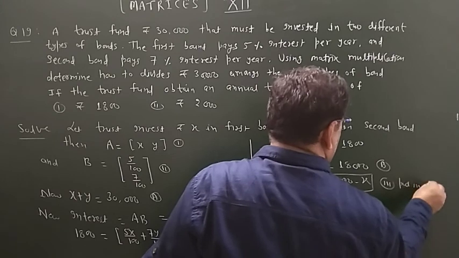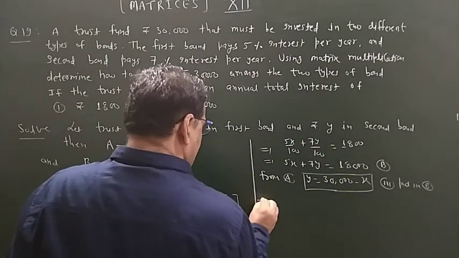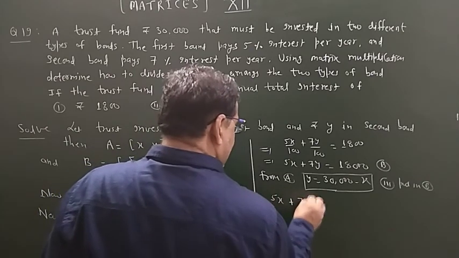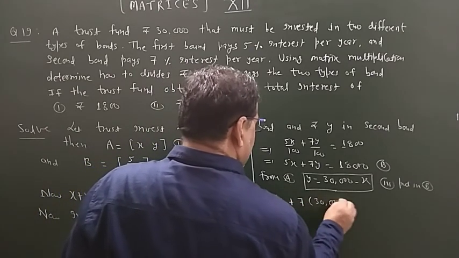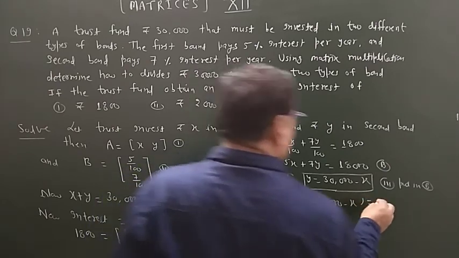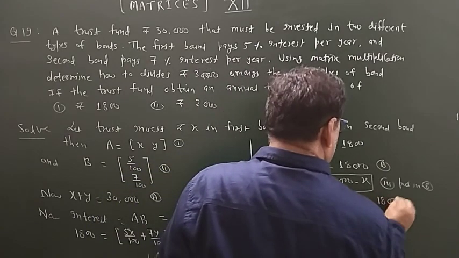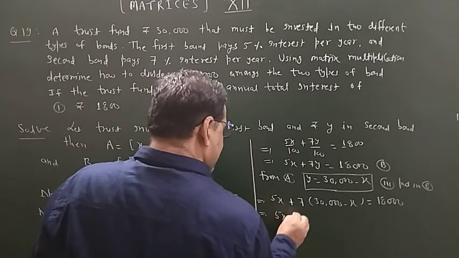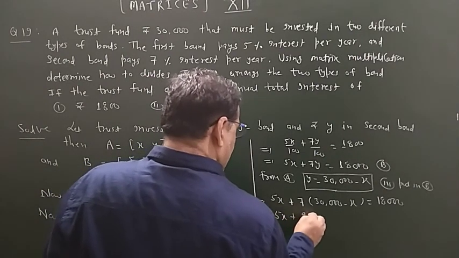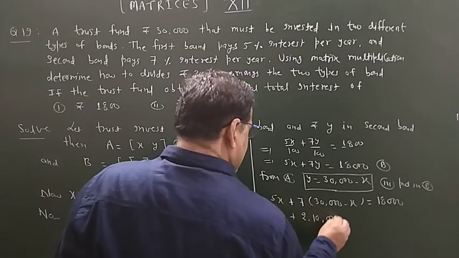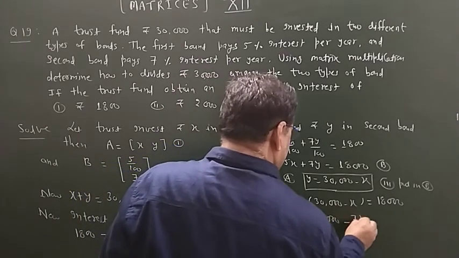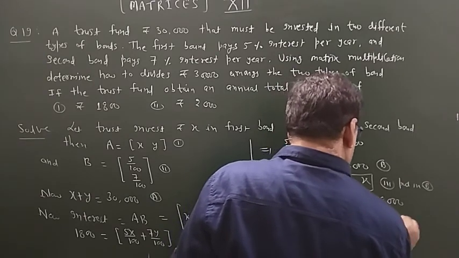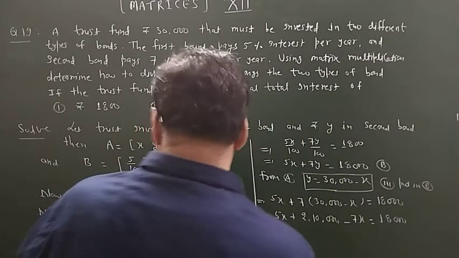Put in B. So we have 5x plus 7 times 30,000 minus x equal to 18,000. This becomes 5x plus 2,10,000 minus 7x equal to 18,000.